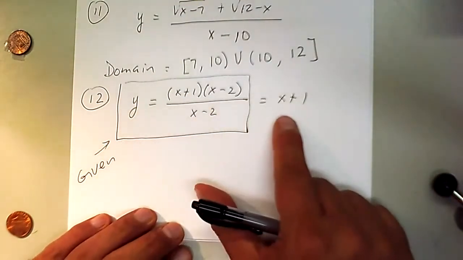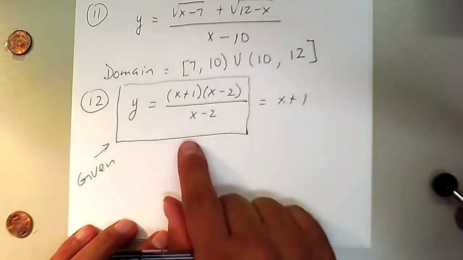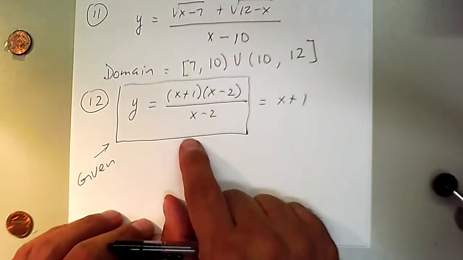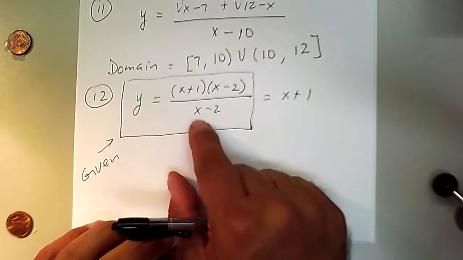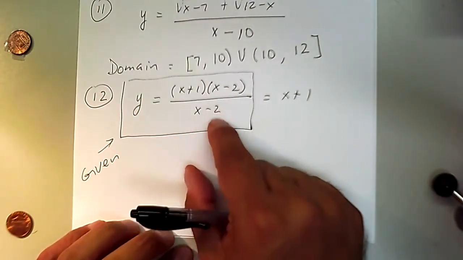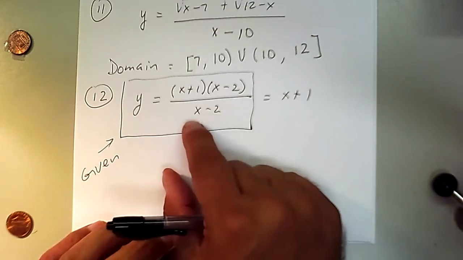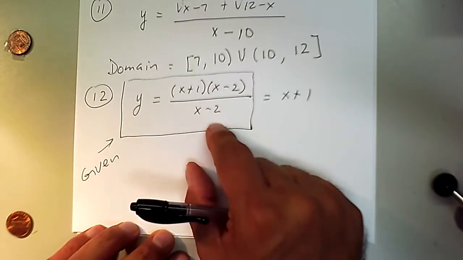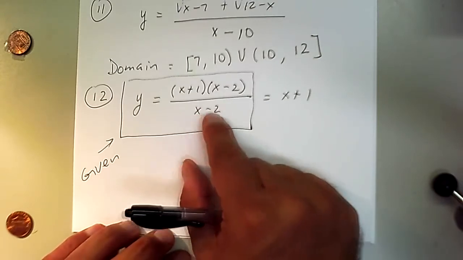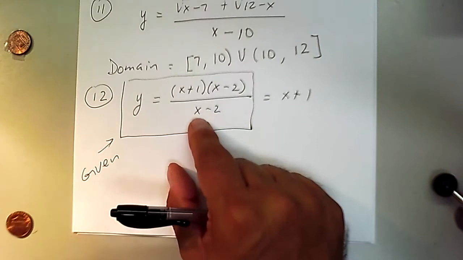We simplify that. So in the given problem, there was an x minus 2 in the denominator, and we have to take that into account. It is understood that we absolutely cannot use 2 for the x value.